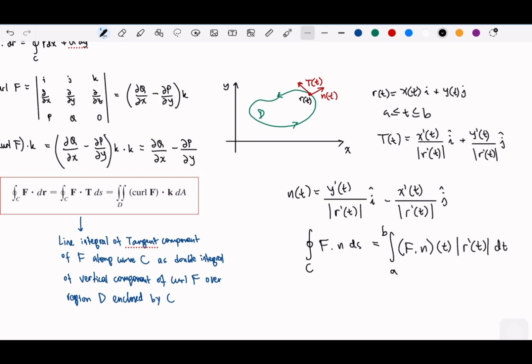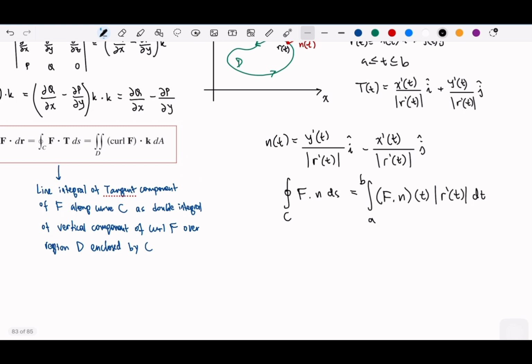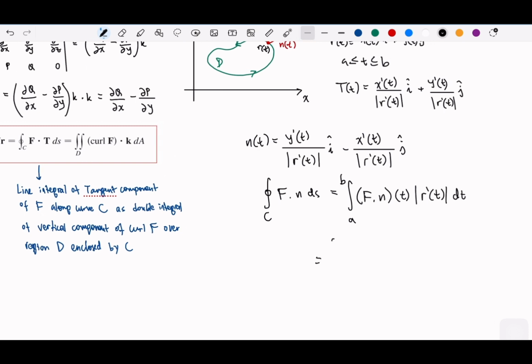Now taking the F dot n, this will be based on the P, Q vector field. So we have still the integration from a to b, and we are going to change the inside of the integration. We have P, but now we have changing the x, y point with the parametric. So this will be P of x of t, y of t, and then multiply with the y prime t. Basically, this is the n from this one here.